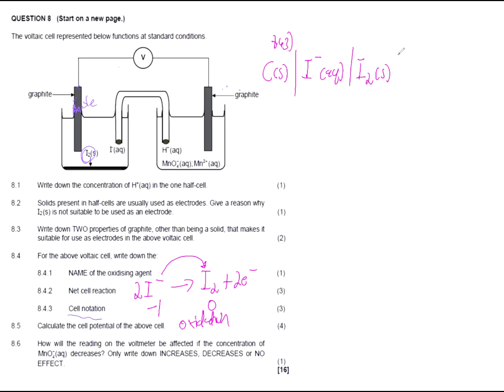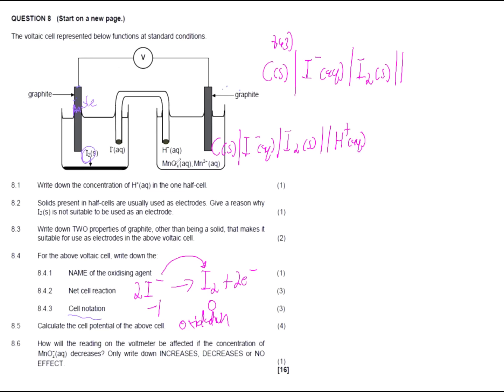And then from here, we have our salt bridge. Then what do we meet here? We can say we have our H plus. So solid, and then I minus in aqueous, and then we have the I2 solid, and then the salt bridge, followed by our H plus in aqueous.